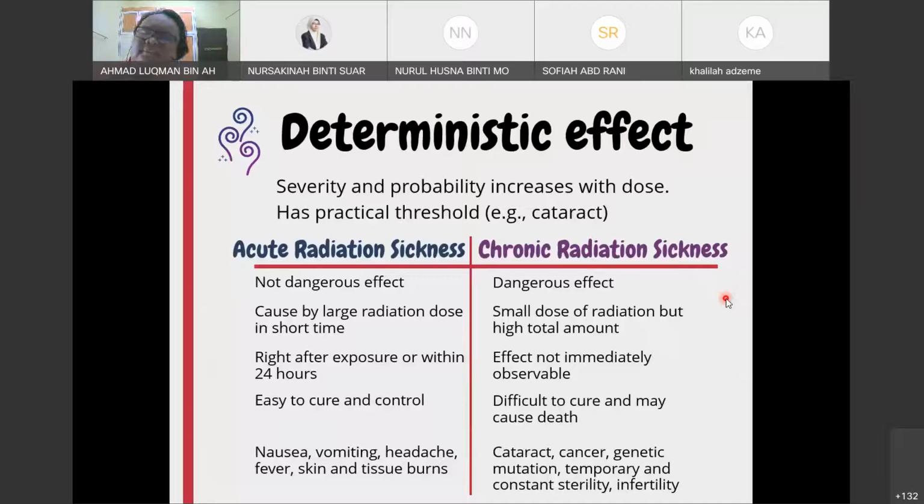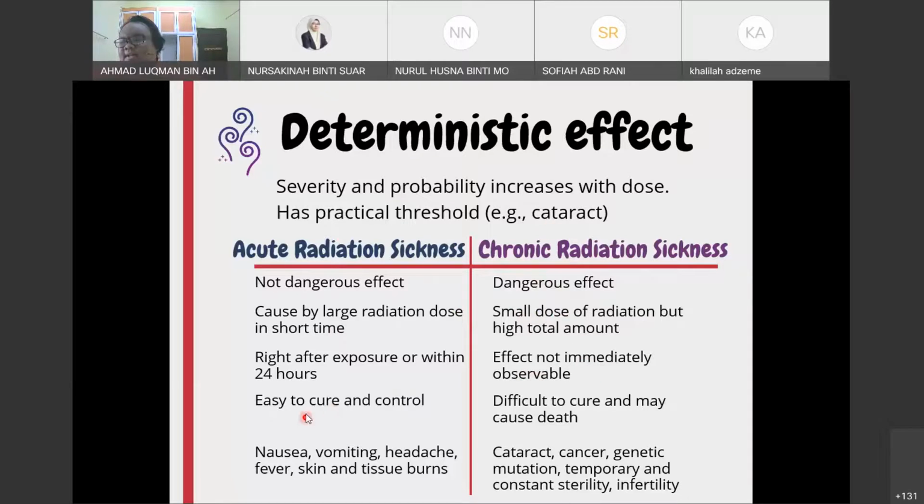So as you can see, this is a simple understanding. Acute radiation sickness is not a dangerous effect, while chronic radiation sickness is. It is caused by a large radiation dose in a short time, or a small dose with a high total amount. Acute effects appear right after exposure or within 24 hours; chronic effects are not immediately observable.